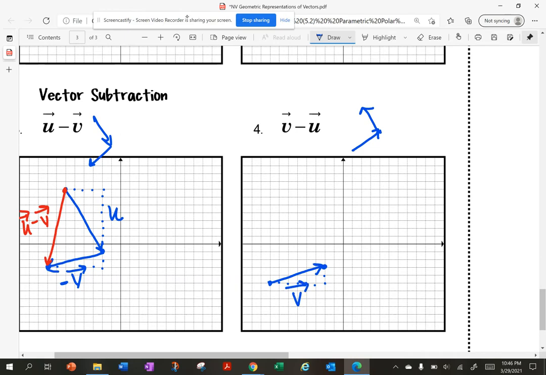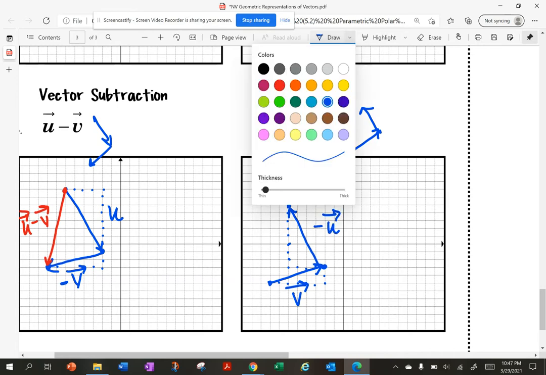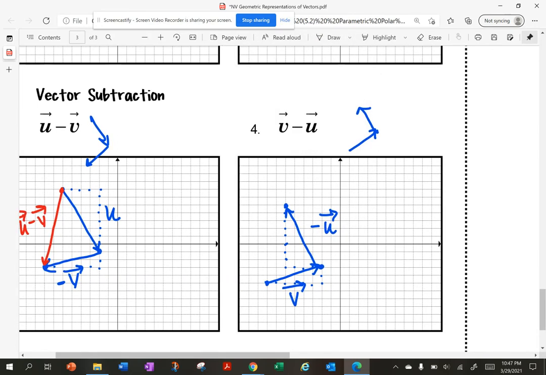And negative u is going to be 4 to the left and 8 up. So 1, 2, 3, 4, and 1, 2, 3, 4, 5, 6, 7, 8. So this is negative vector u. Then I'm going to draw in my resultant vector, the original tail to the final tip. So vector v minus u.